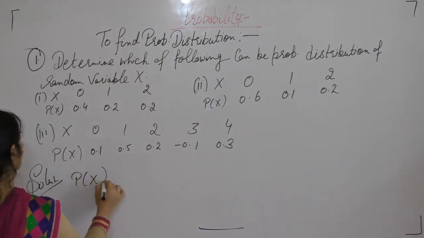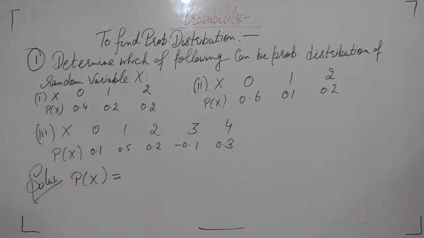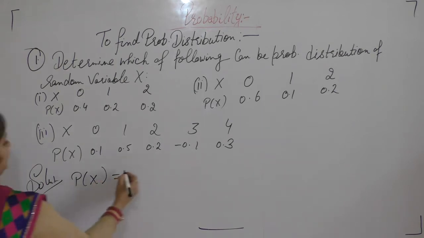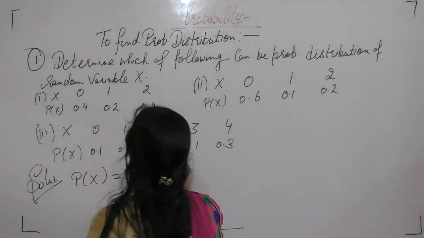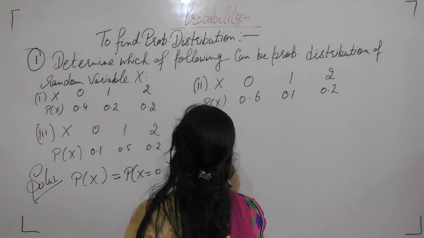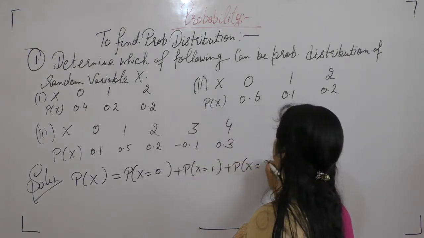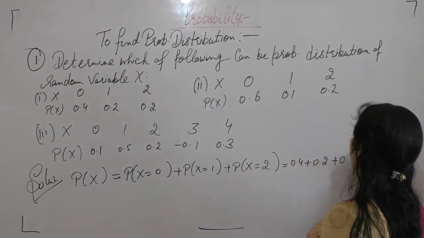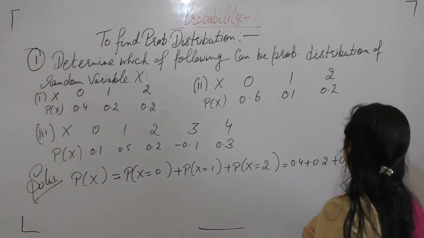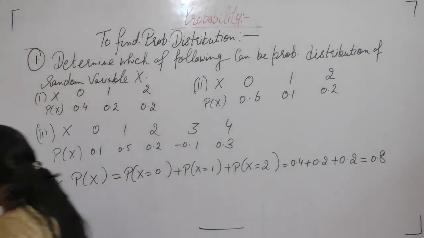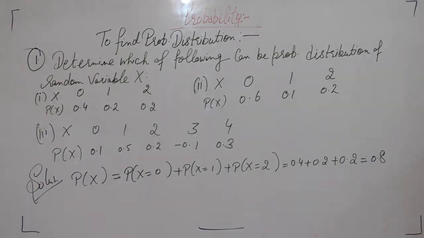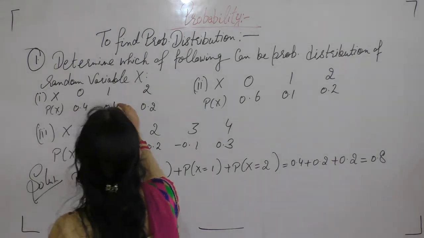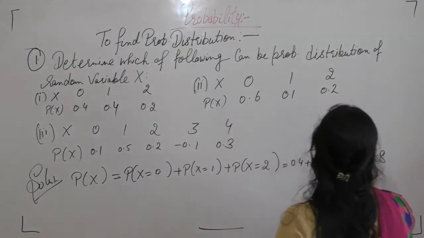The total probability is the probability of x at 0 plus the probability of x at 1 plus the probability of x at 2. 0.4 plus 0.4 is 0.8, plus 0.2 is 1.